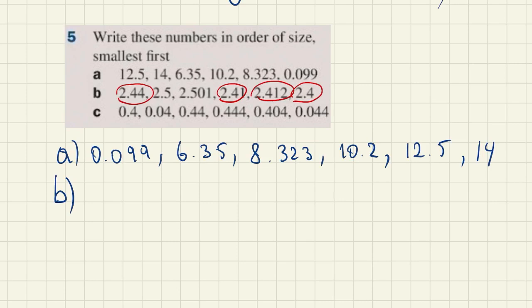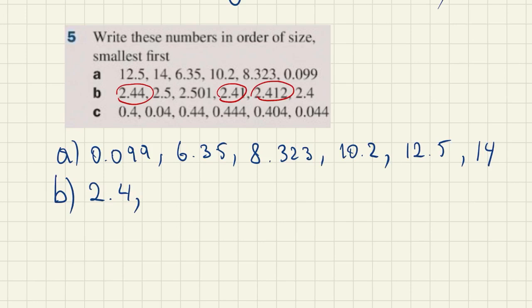The smallest one here is the one which has only 4, 2.4, because in case of decimals, you can add zeros indefinitely, they will not change anything. 2.4 is the smallest number here. So let's erase it. It's out of the equation.